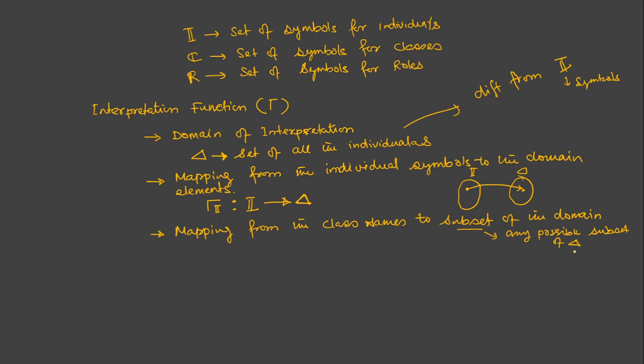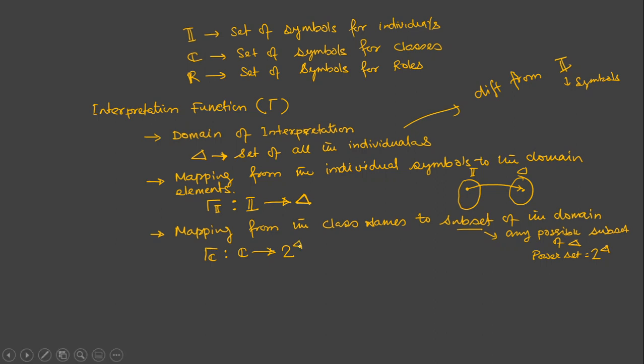And how do we represent that kind of thing? We can represent that as a power set, which is represented as 2 to the power delta, right? So gamma C is basically a mapping from the set of class symbols to 2 to the power delta.